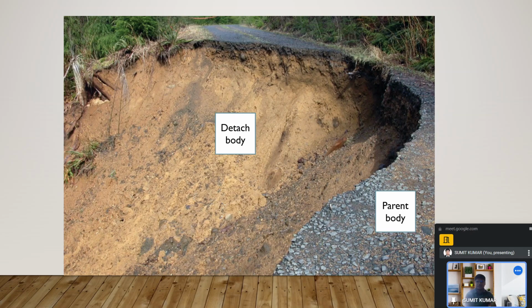This is a practical field representation shown to you that will help you understand why the failure happens from these places only. Why does it not fail from other places? Because it is the critical combination over here only. The applied stress is more than the critical strength of the soil, the critical shear strength of the soil.